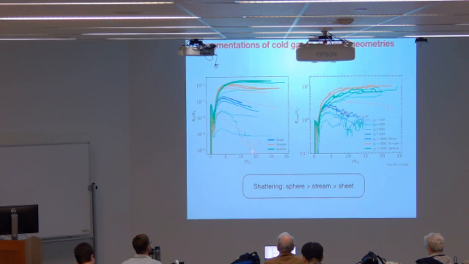The first message is that higher overdensity gives a higher number of clumps, and the second is that the spheres seem to have stronger shattering than the streams, and than the sheets. It's more obvious from the Dmax plot because we can define two groups: a coagulation group and a shattering group. For the coagulation group, the clumps will fall back, and for the shattering group, the clumps remain at the end of the cycle. For the streams, the behavior is similar to the spheres, but the sheets seem to coagulate at all overdensities.